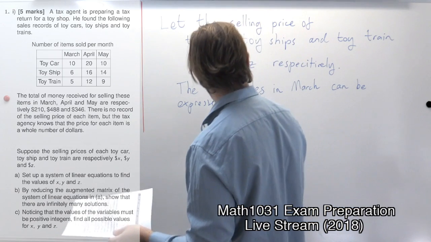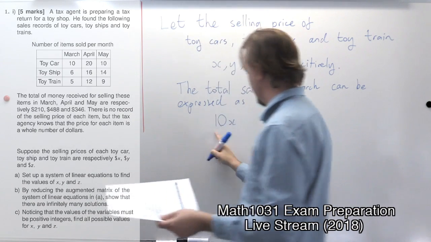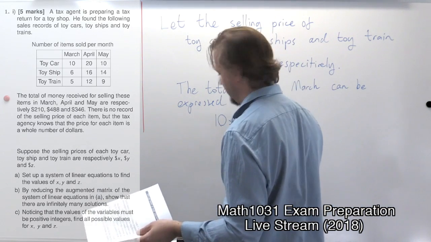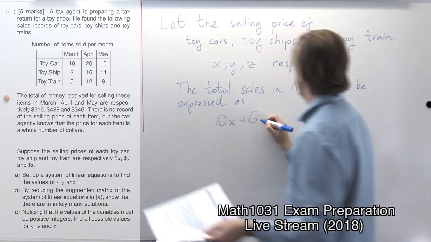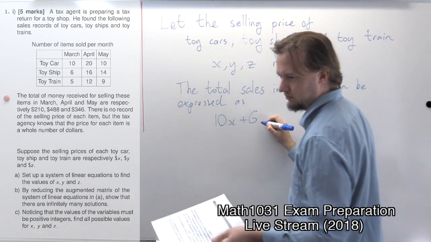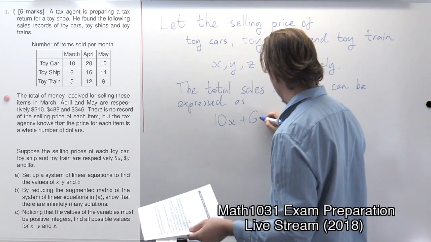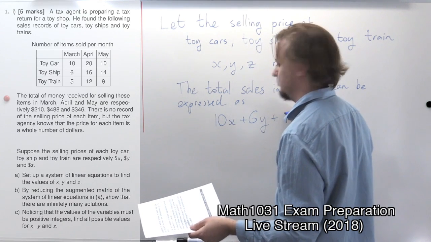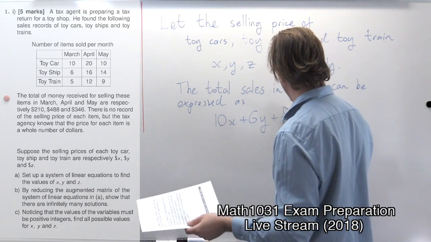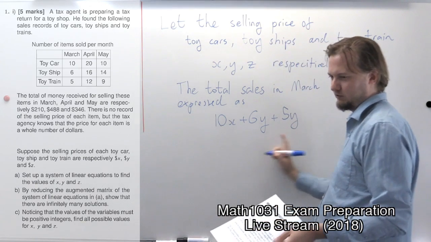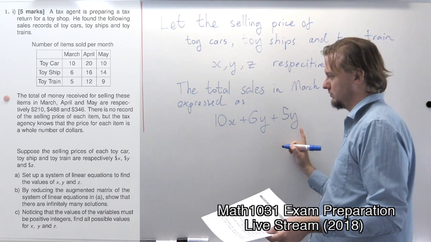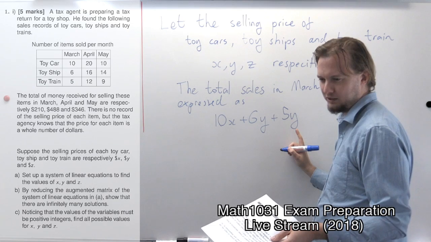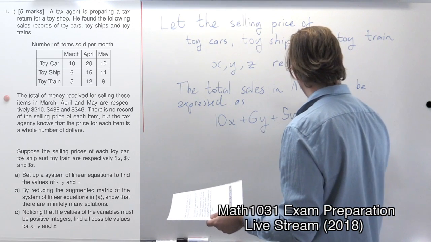They sold 10 toy cars, so they got 10x money from that. They sold 6 toy ships and 5 toy trains. This represents how much money they would have gotten from selling those items in March, and we are told that in March they received $210.